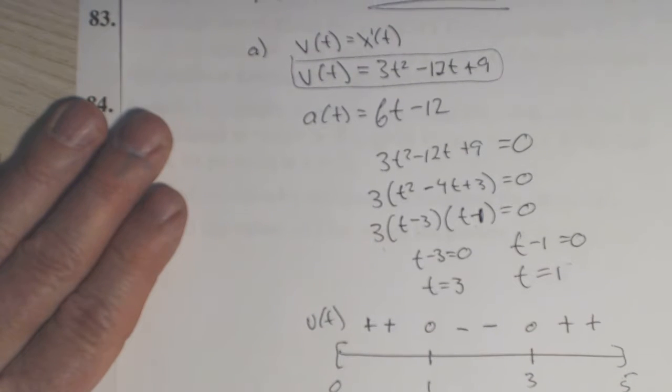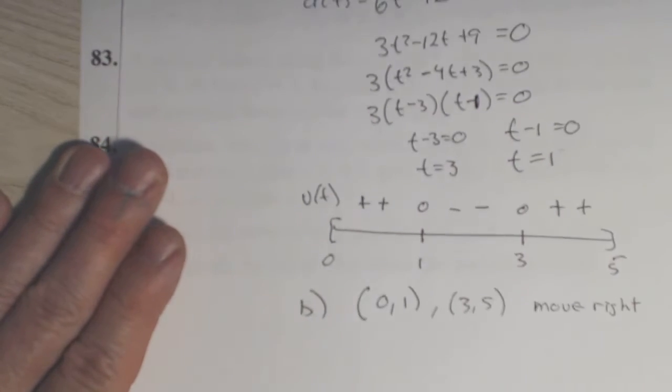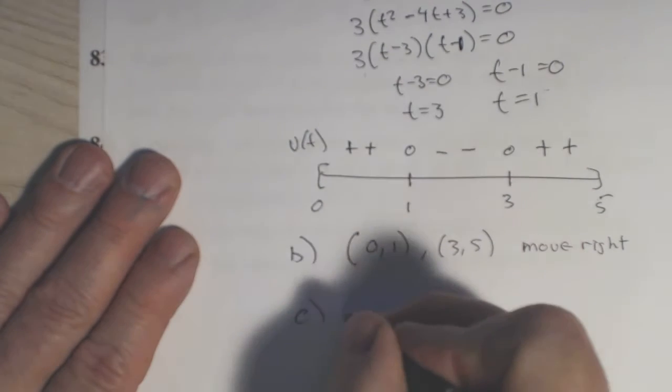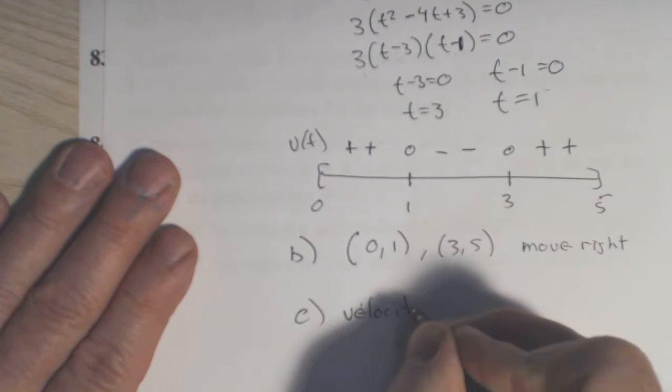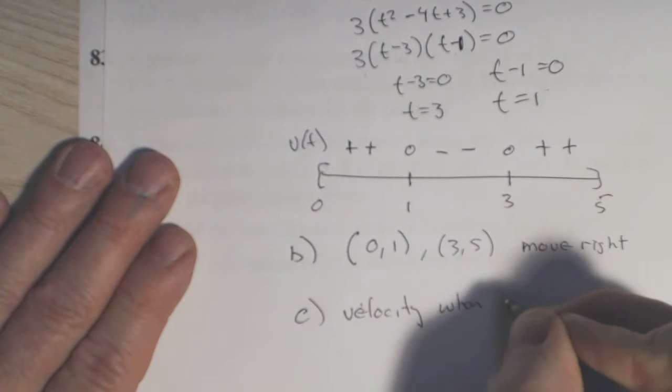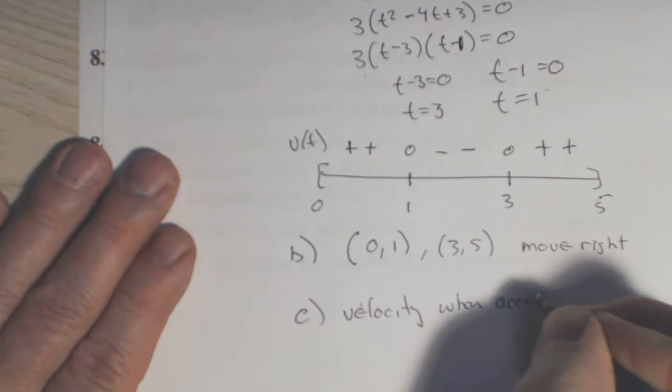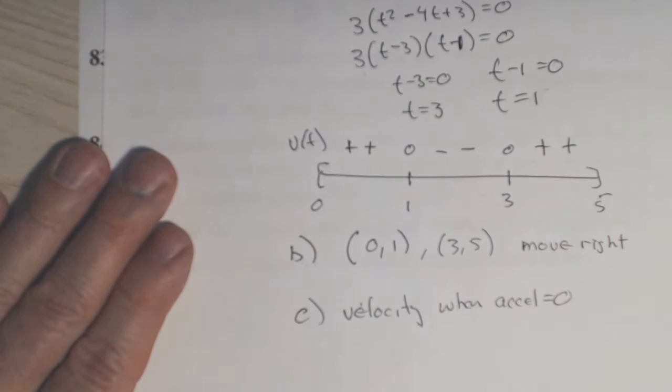Part C, find the velocity when acceleration is 0. Well, what we're going to do is take our a of t function and set it equal to 0.